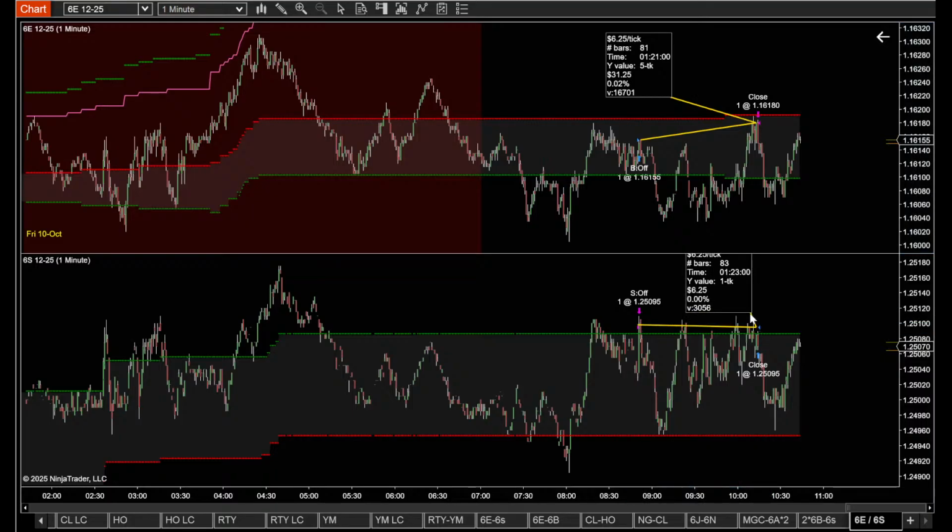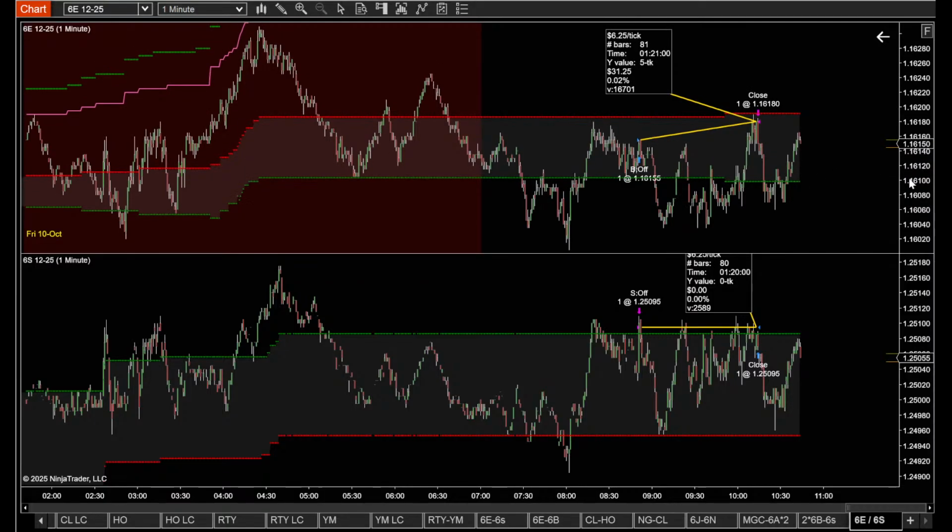So I got out with, I think it was about break even on the short Swiss franc, but I got out, I think, $31 to the good. I thought it was more than that, maybe not. But anyway, that's what I got out. Again, it's a very low risk trade.